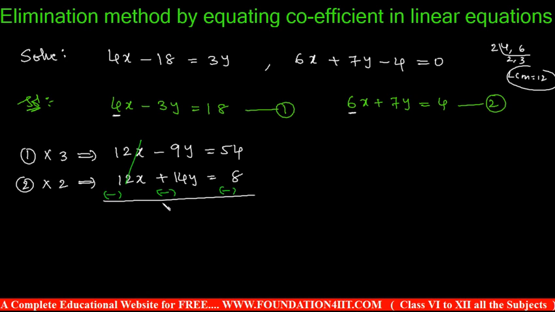Minus 9 minus 14, so minus 23y is equal to 54 minus 8, that is 46. From 54, 8 we should subtract. Now from this, y is equal to 46 by minus 23, you can shift the minus to this side. 23 twos are 46, so minus 2. So I got y is equal to minus 2.